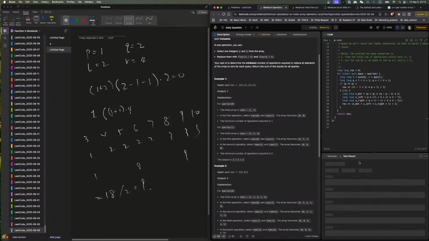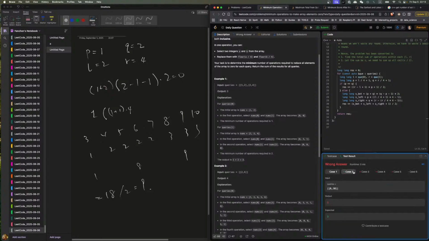We'll try. Alright, so 8 to 10 is already wrong, and many of them are wrong. Okay, 8, 9, 10. That's the first scenario, right? So P and Q is 3. So they are the same.